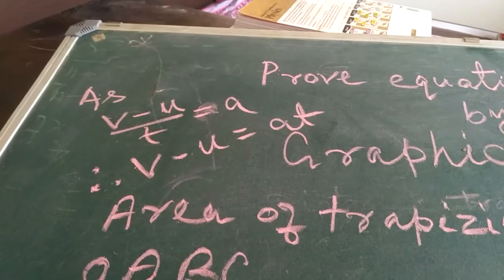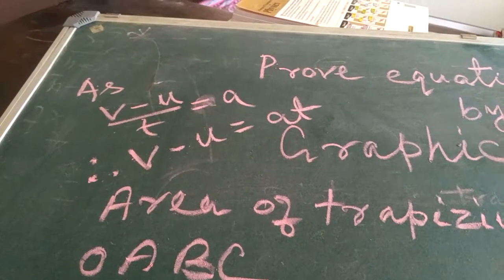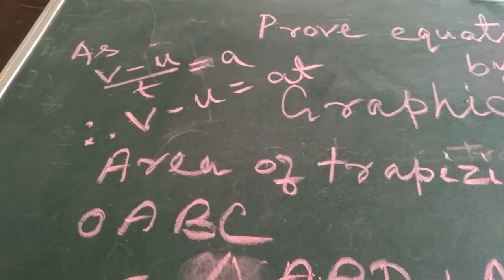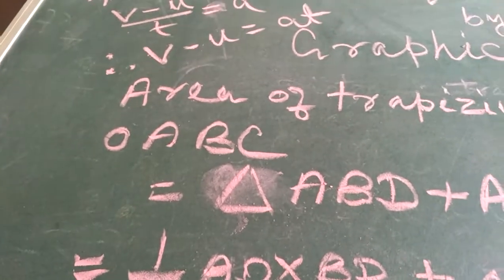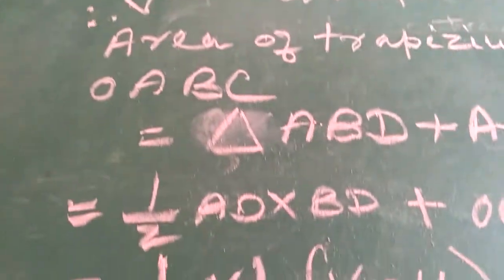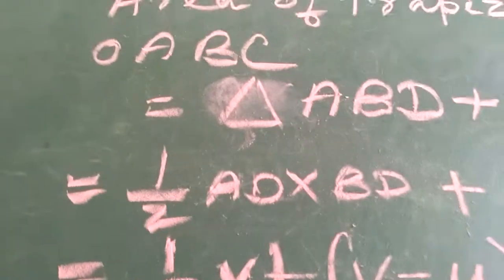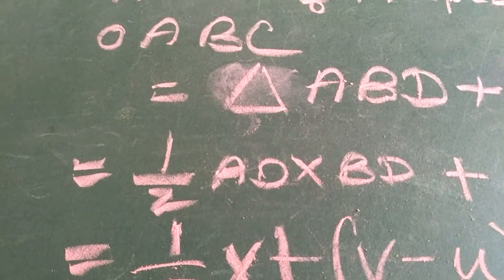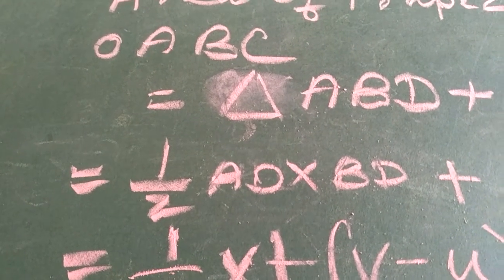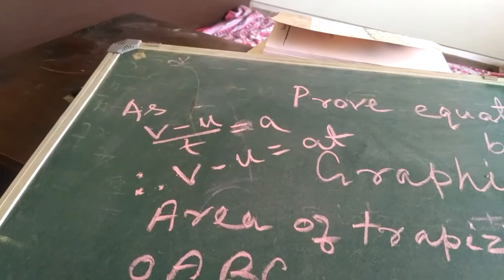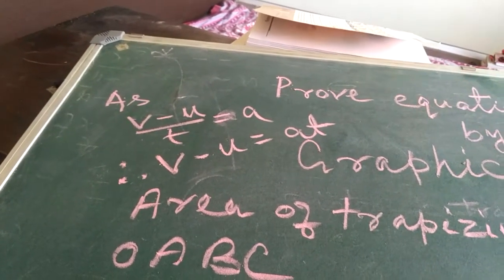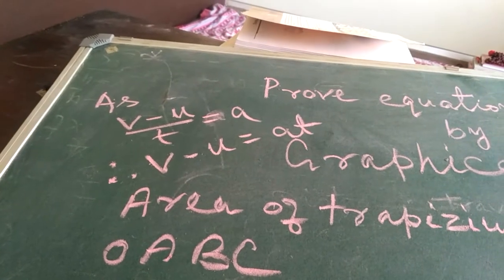Could you see that? As V minus U by T equal to A, that is acceleration, rate of change of velocity. Understand this? Yes, sir. So now you put it here, half T. As V minus U by T equal to A, therefore V minus U equal to AT, written.